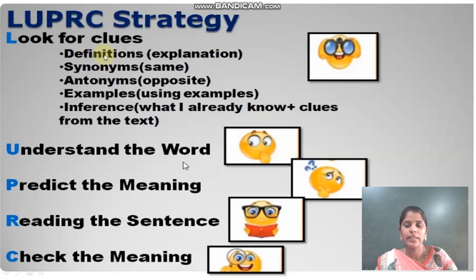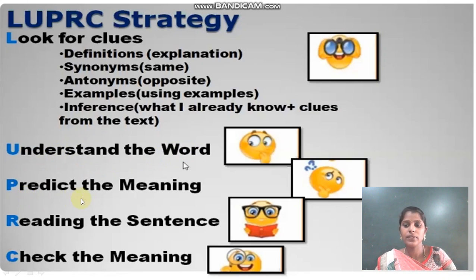In the clues we have five types of clues. First is definitions, second is synonyms, third is antonyms, and fourth is examples. At last, inference.